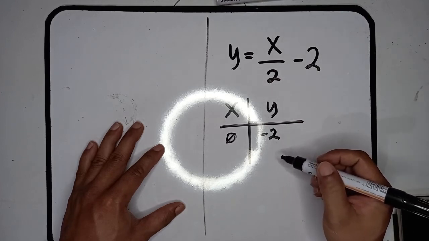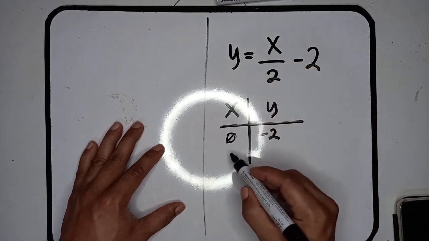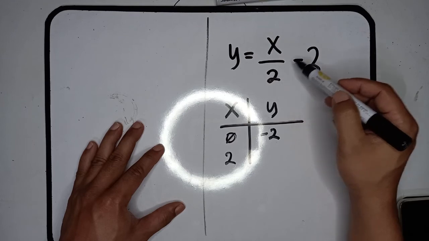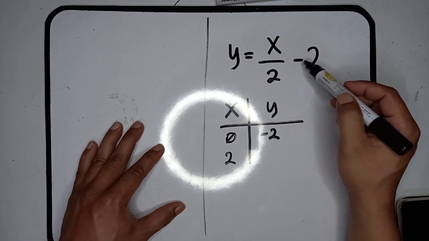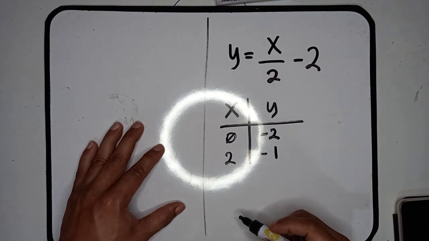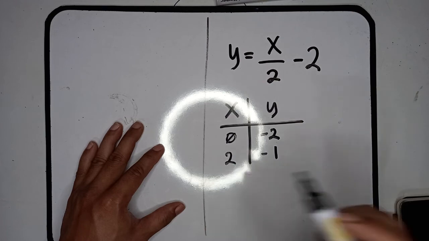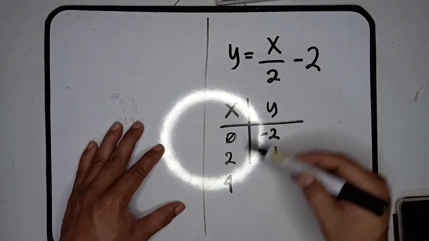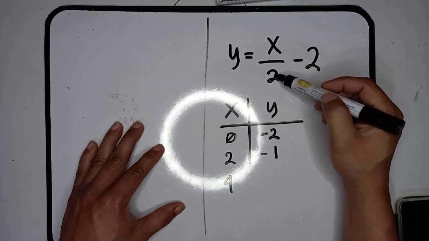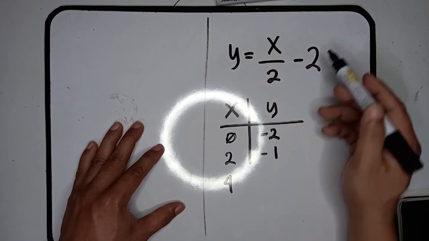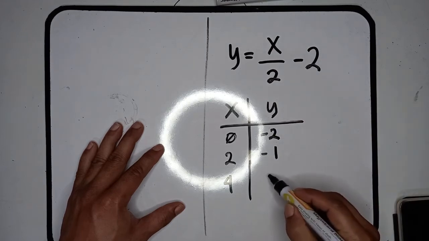Then let's try giving it a value of 2 for our x. 2 divided by 2 is 1, minus 2, this will give us negative 1. Okay, and then for the last example, let's say we have 4, that is our x, and 4 divided by 2 will give us a value of 2, minus 2, and that is 0.